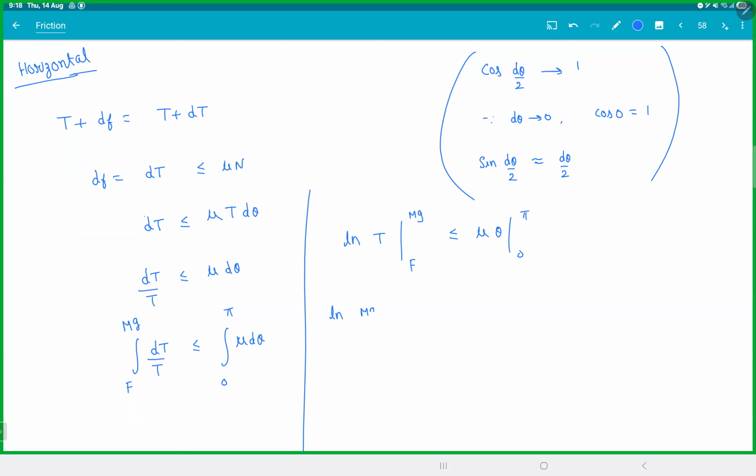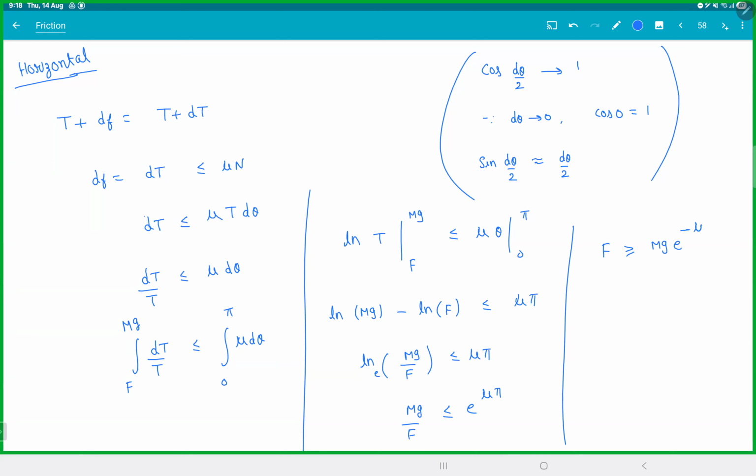This will be ln mg minus ln F. This is mu pi. Then I hope you know how to do logarithm. Send the exponential that side. We'll get mg by F is less than or equal to e power mu pi. From here we get F must be greater than or equal to mg into e power minus mu pi.